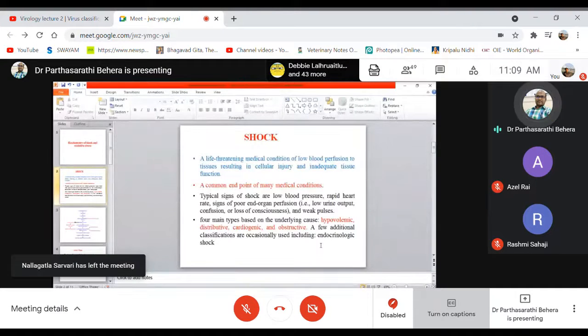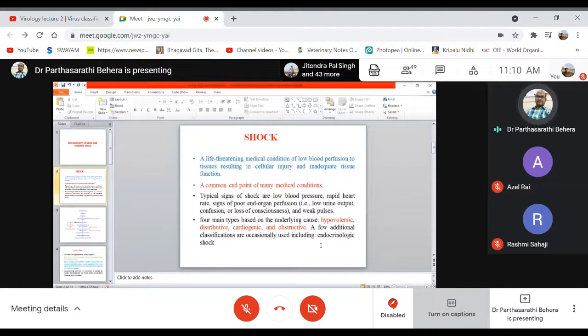So these are the very characteristic signs of shock: low blood pressure, rapid heart rate, poor end organ perfusion, and weak pulse, right?